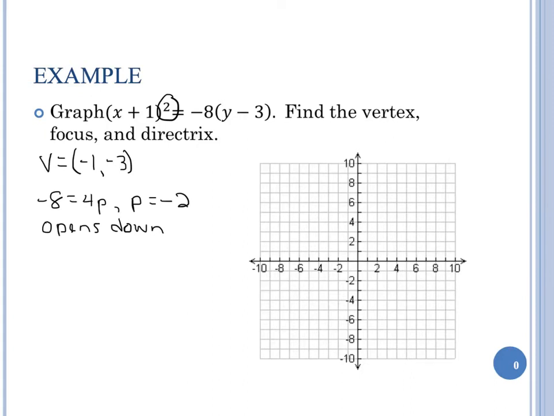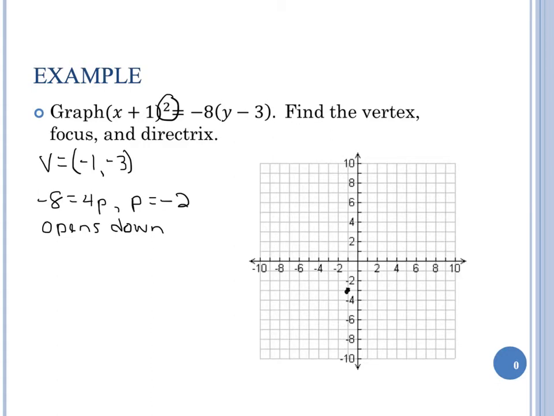So with that p-value of -2, I can go find the vertex and the directrix, and I'm going to plot those and then find the ordered pair and the line from that. So -1, -3 puts me right here for my vertex.